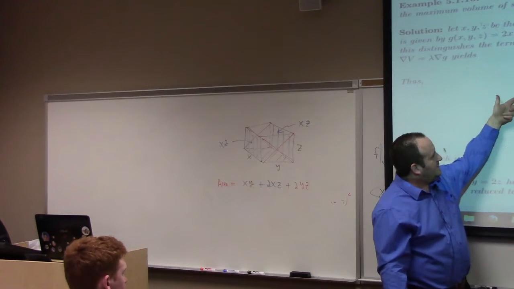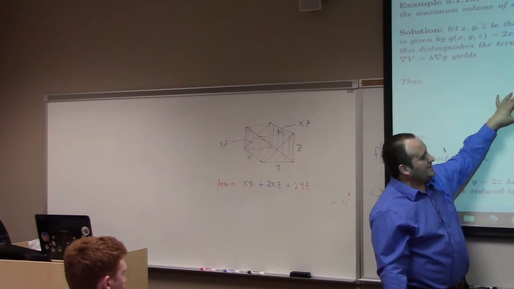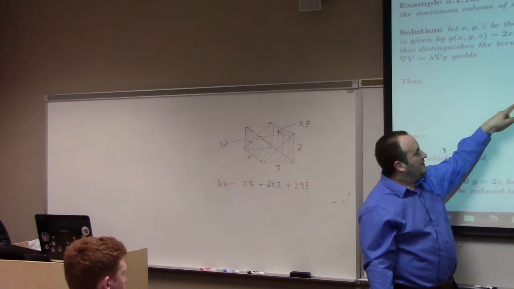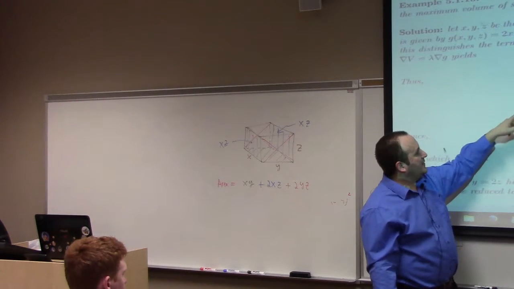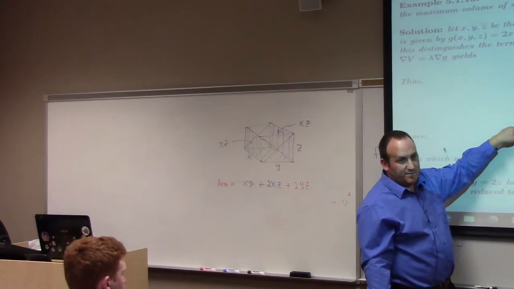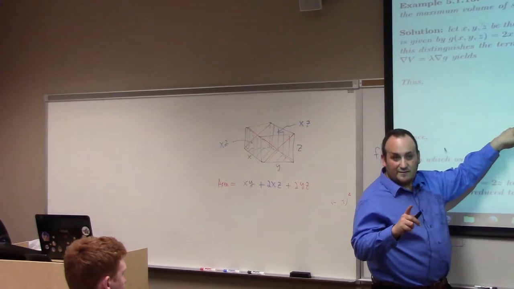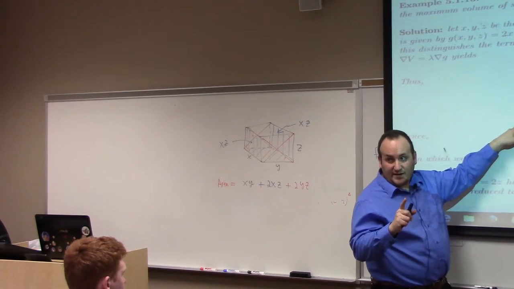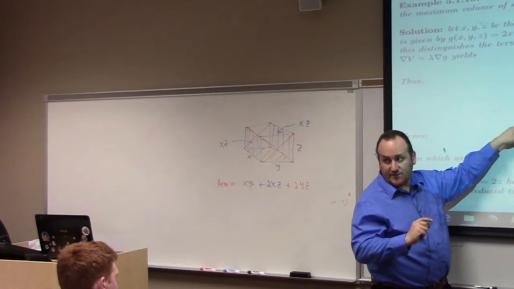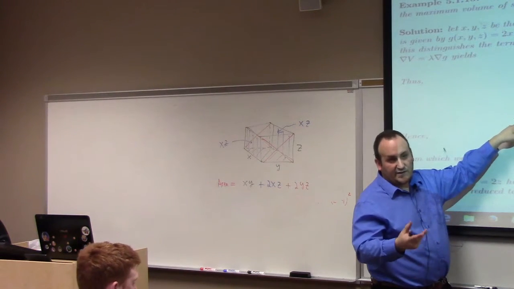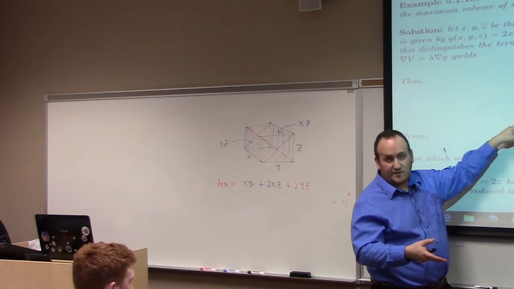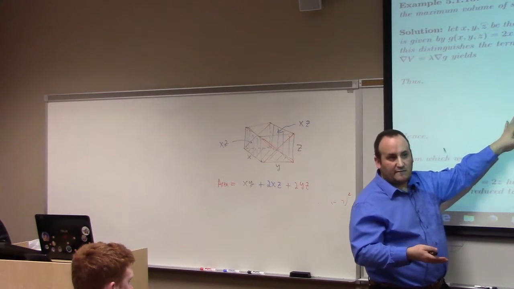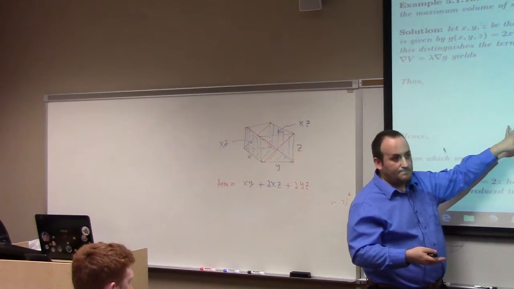You just want to make them look like each other, right? So the natural thing for me to do is to multiply that by x, multiply this by y, multiply that by z. Now, admittedly, that assumes that x, y, and z are non-zero. But I already know that x, y, and z are non-zero from physical considerations here, right? So there's no loss in generality in doing that, right?